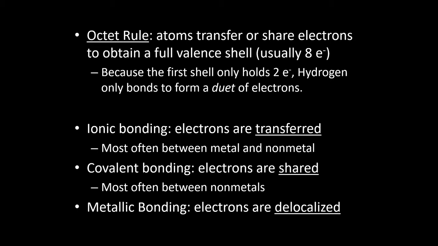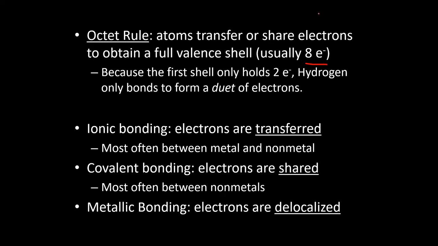When atoms form bonds and share electrons or take electrons, as we'll see in just a second, they are going to be trying to get a full valence shell, which is usually 8 electrons. The one really big exception to that is hydrogen. Hydrogen only wants 2, but almost everything else is going to want 8 electrons.